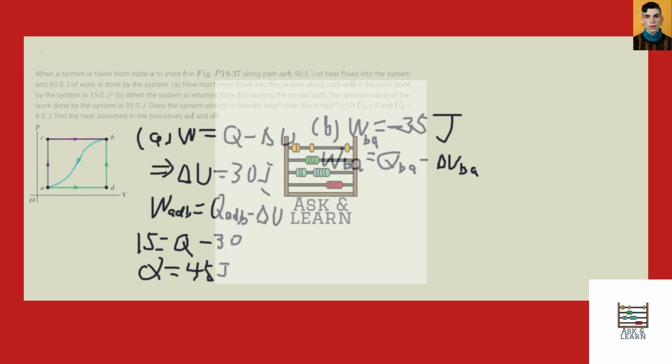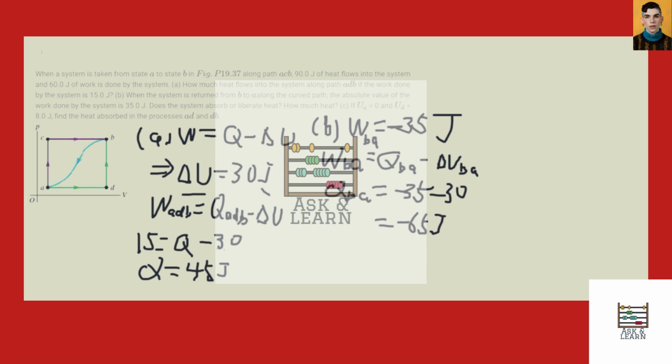This delta U BA is opposite to the earlier delta U, because that delta U represents the internal energy difference from A to B, but this delta U BA is the internal energy difference from B to A. So these two values are opposite, and delta U BA is negative 30 joules. Then we obtain Q BA equal to W BA, negative 35 joules, plus delta U BA, negative 30 joules, so the result is negative 65 joules.